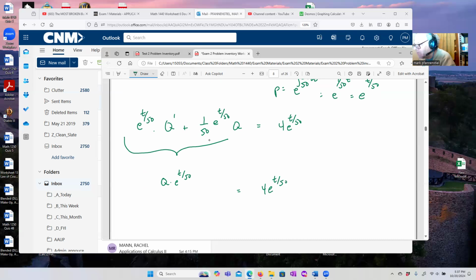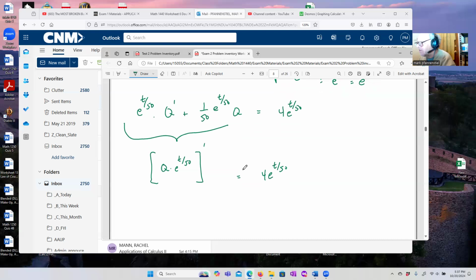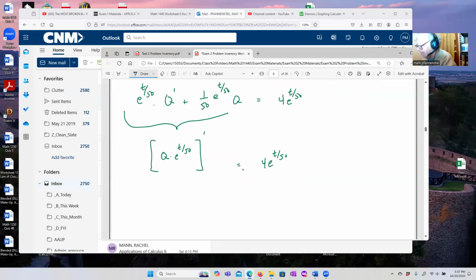Now, before we go on with this problem, I would want to take a little sidebar and say, look, if I took this derivative, implicit differentiation, this is a product rule, so we're going to get the derivative of the first times the second plus the first times the derivative of the second, right? The chain rule. And then let's compare. Do I have Q tick e to the t over 50 plus Q times e to the t over 50 times 1 over 50? I sure do. It's in a different order, but that's what we have.